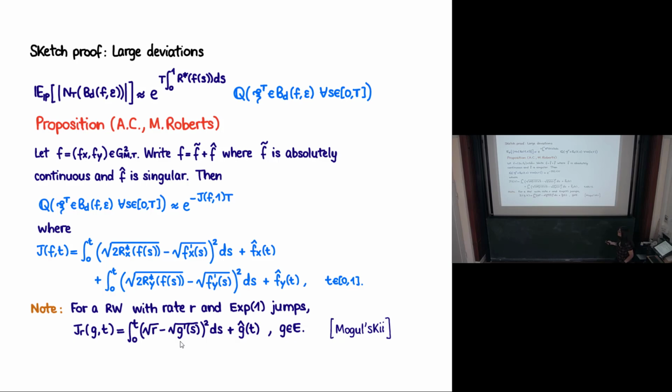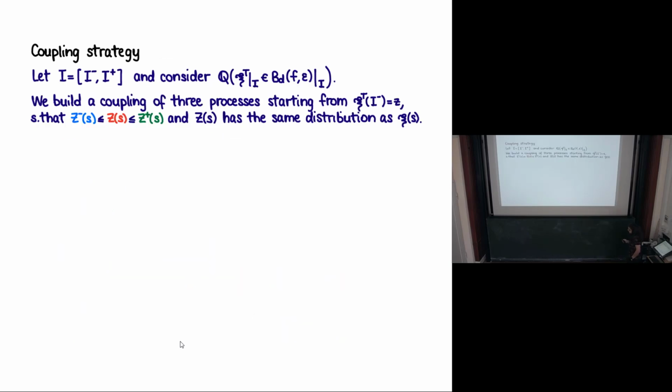So how do we prove this? This is one of the most technical parts of the work, and it's essentially a coupling idea. So if you think of the rate being evaluated somewhere near this function, what you can do is look at a small interval I and say, I'm going to trap this process between two processes with constant rates for which I can do the estimates.